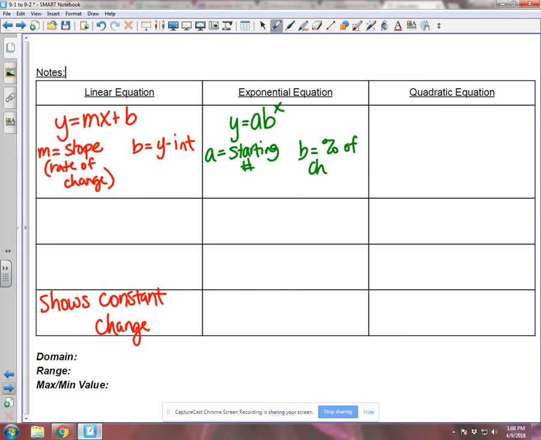And where do we always start with our percent of change, folks? Always start at 100. And then we go up or down from there. Good? So if I'm at 100 and I say I want a 10% decrease, where is that? 90. If I'm at 100 and I say I want a 25% increase, where is that? 125. Okay. And when do we use exponential equations?